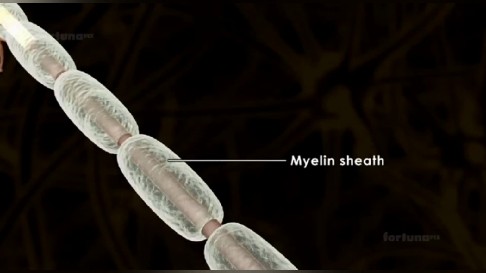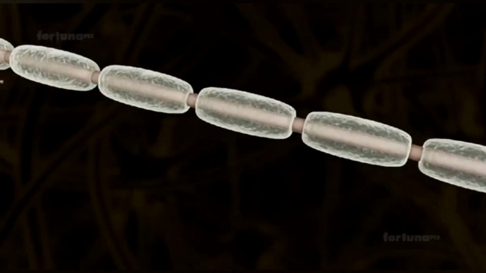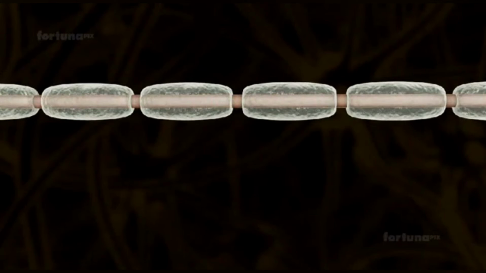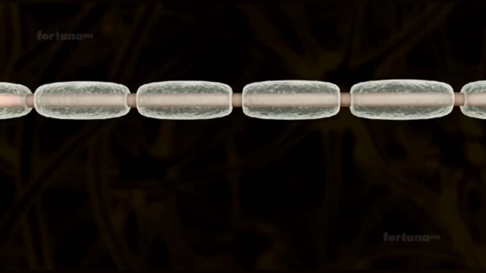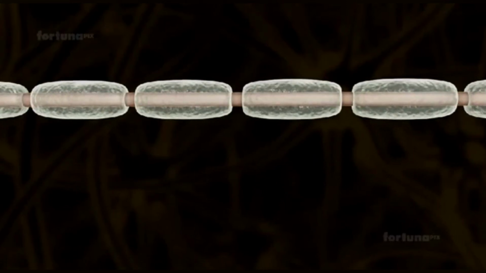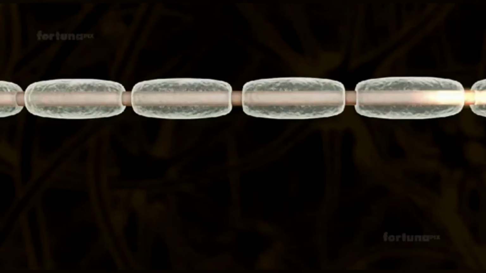The sheath serves to insulate the axon. However, it is not continuous along its length. There are many gaps known as the nodes of Ranvier. These gaps allow electrical impulses to jump from one node to the next, thus increasing the speed of transmission.